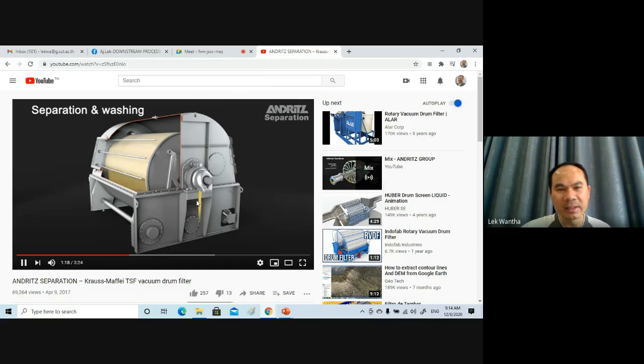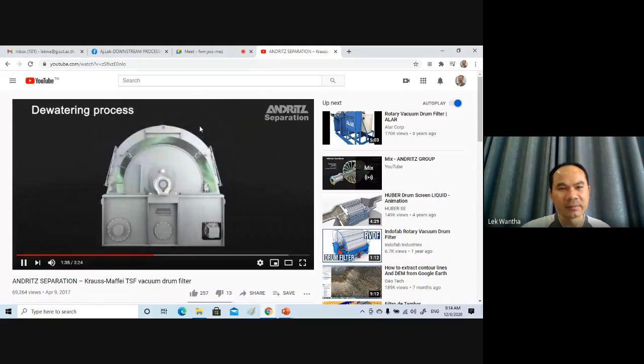When the filter rotates in the liquid zone, we have the filtration. If the equipment rotates out of the liquid zone, then we have washing, mostly washing by water. It's the washing zone. And then we dewater, maybe dewatering by steam, something like this. Okay.